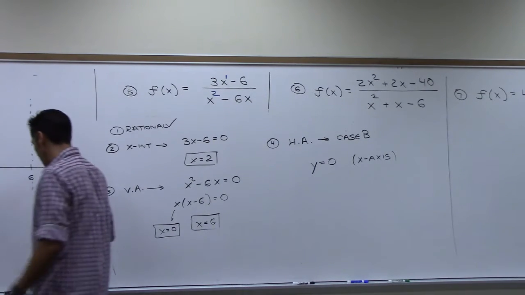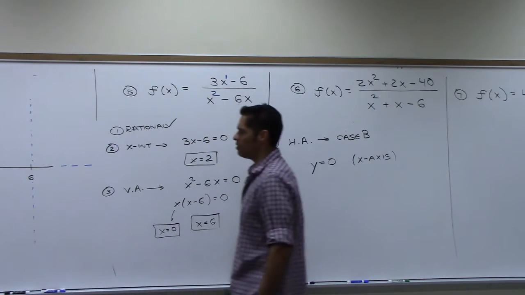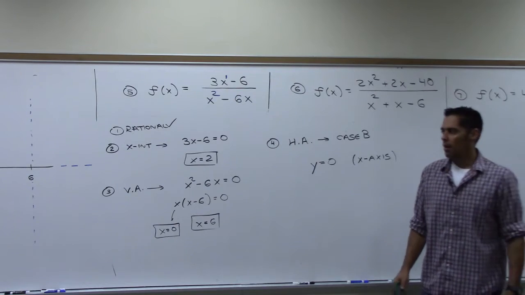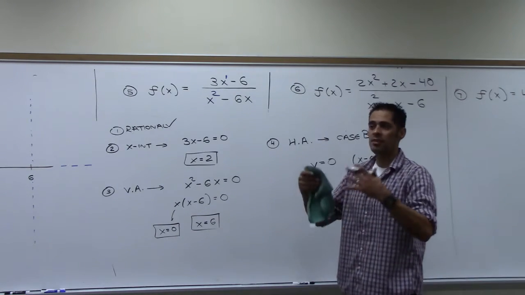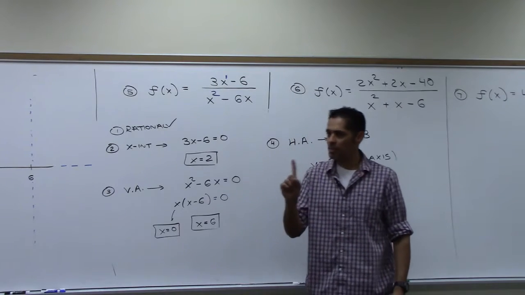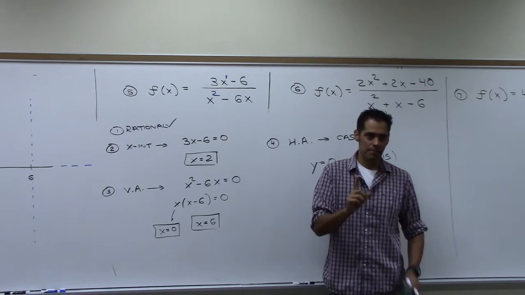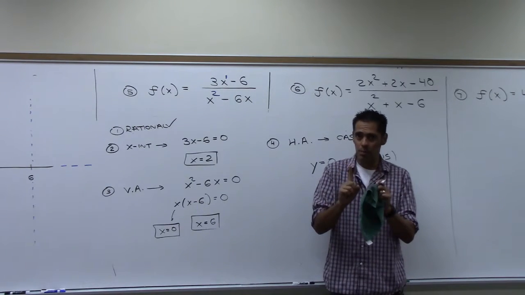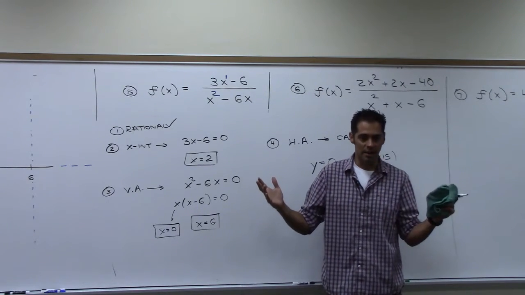Now the test points, I think, are the next step, but I think there's still some confusion on the test points. All you look at are the vertical asymptotes and the X intercepts. And what you need is one test point only between each X intercept and vertical asymptote, just one test point, and you have to have them on each side.